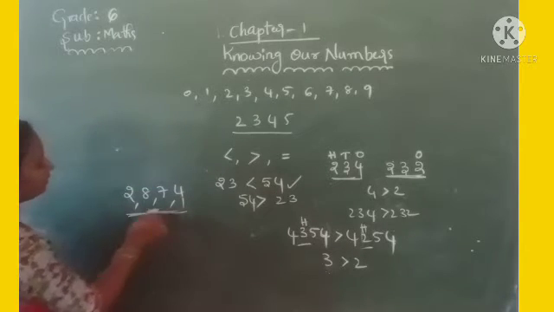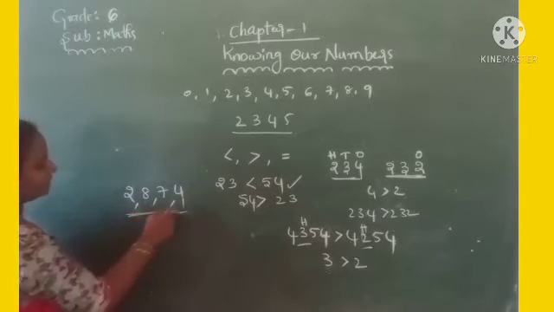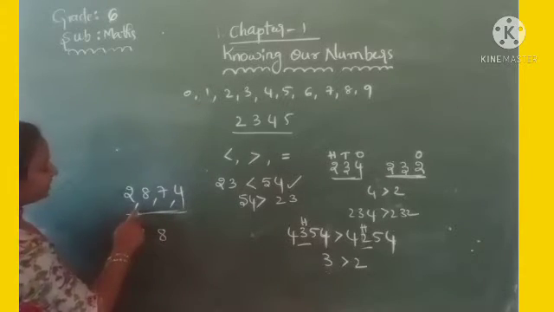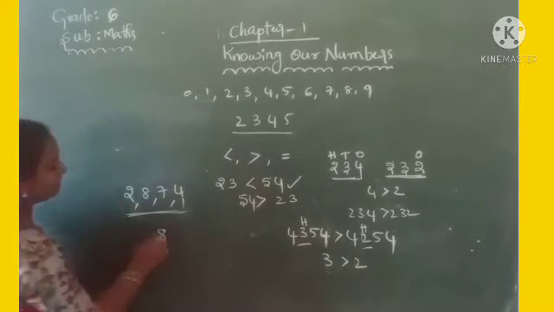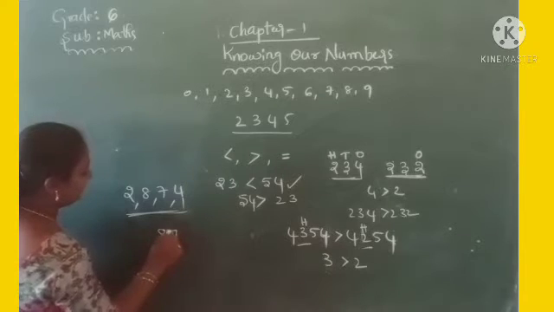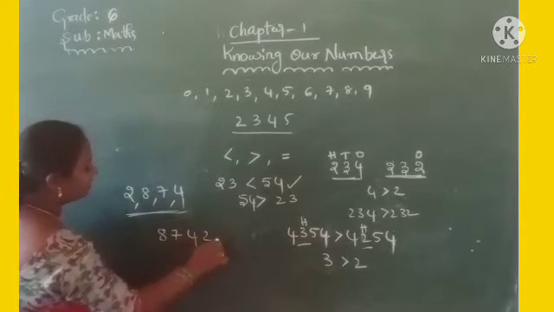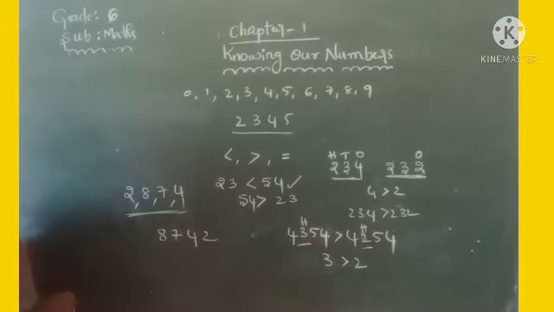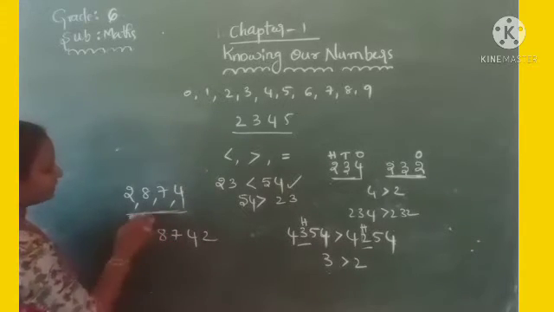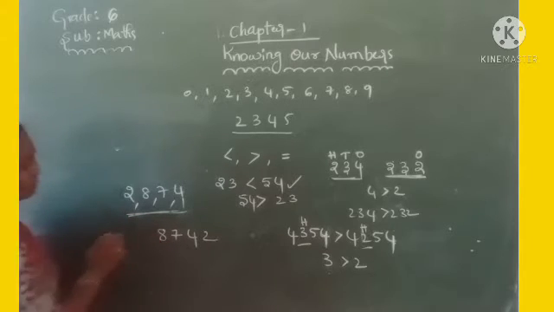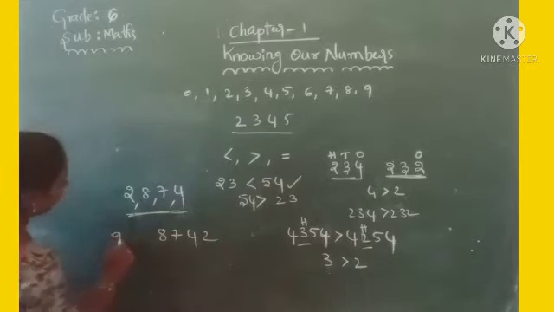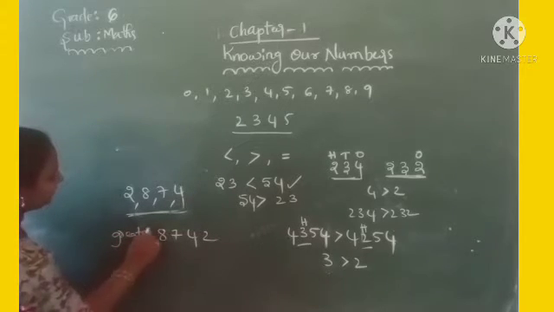So how can you form this? Using 2874, I am forming the 4-digit number 8742. Observe, is it the greatest number or not? Yes. Using these 4 digits, I formed the greatest number, that is 8742.